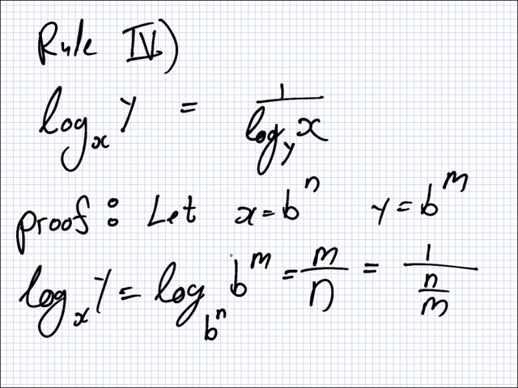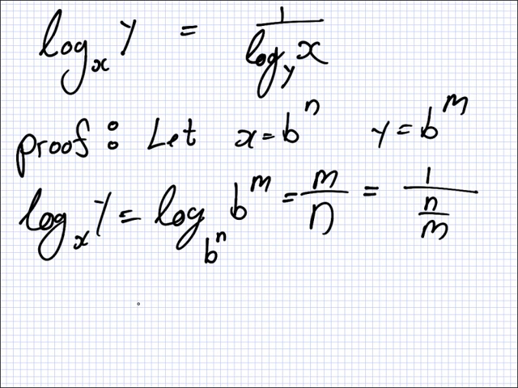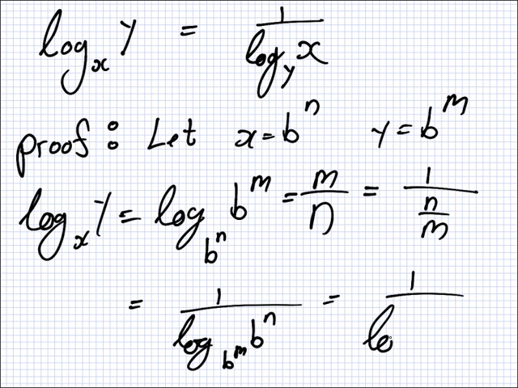Well, you can see now what I can do is change this into log base b^m of b^n. B power m to what power gives me b power n? That is n over m, which is what I have here previously. And the reason I did that is so I can make it quite clear that what I finished up with is y here and x there.